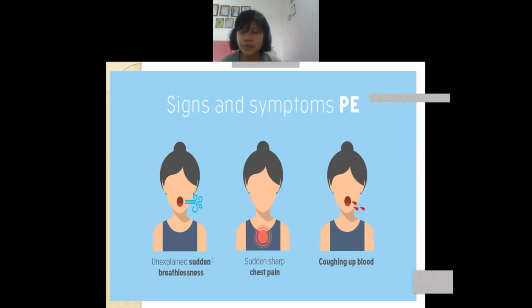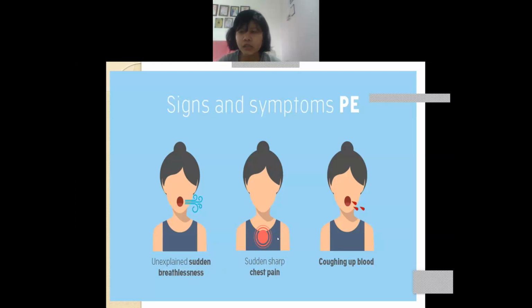Okay, next is the same thing. I'm just showing you in pictures, because a picture is a bit easier to understand, right? So I'm showing it to you system wise also. Okay. Unexplained sudden breathlessness means the person will find difficulty in breathing. Okay. Next is sharp, sudden chest pain.